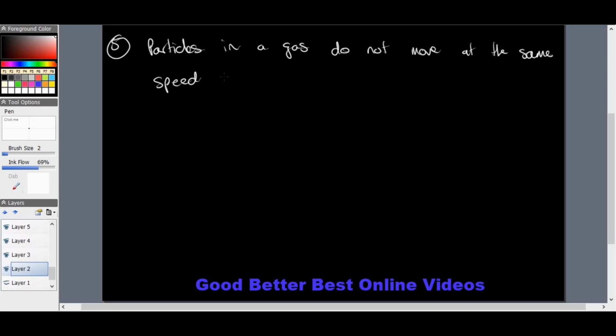If they don't all move at the same speed, then they won't have the same amount of kinetic energy. So they do not have the same kinetic energy.